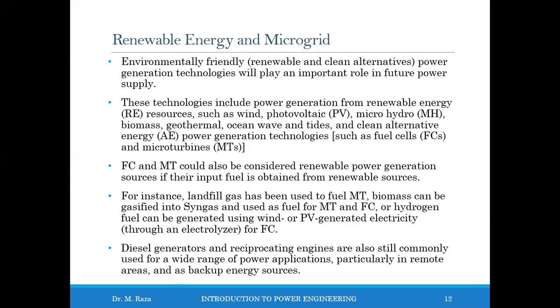For instance, landfill gas has been used to fuel microturbine. Biomass can be gasified into synthesis gas and used as fuel for microturbine and fuel cells. Or hydrogen fuel can be generated using wind or PV generated electricity through an electrolyzer for fuel cells.